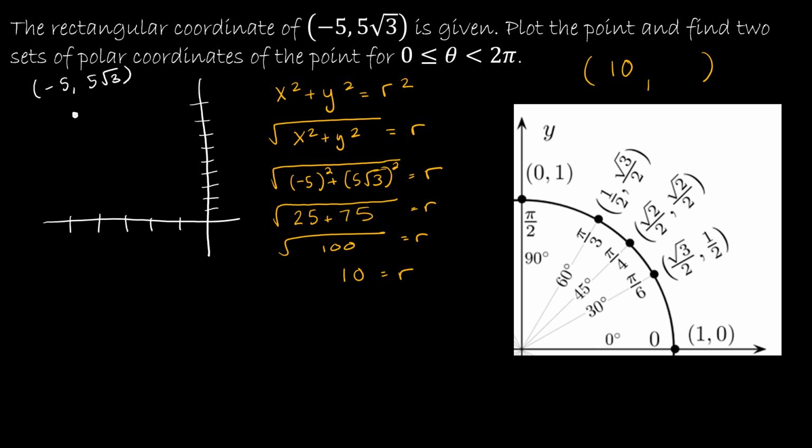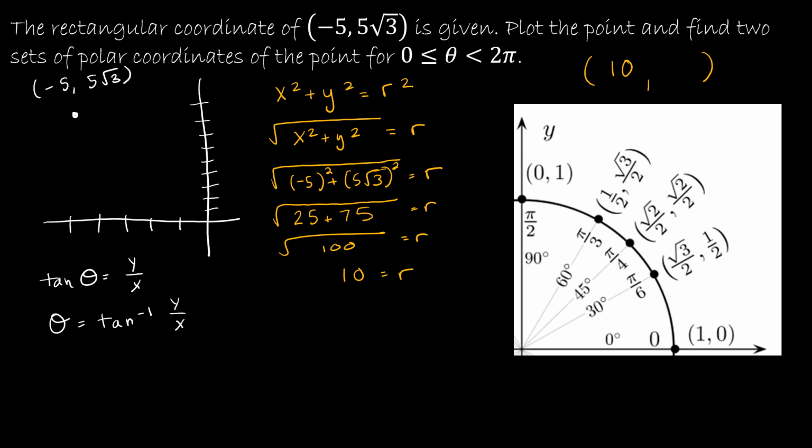So now I have to find theta, which is just a little bit harder. So here's what I'm going to do. I'm going to use the fact that tangent of theta is equal to y over x. And that means that theta is equal to the inverse tangent of y over x. So if I take the inverse tangent of each side, it gets rid of tangent from the left.